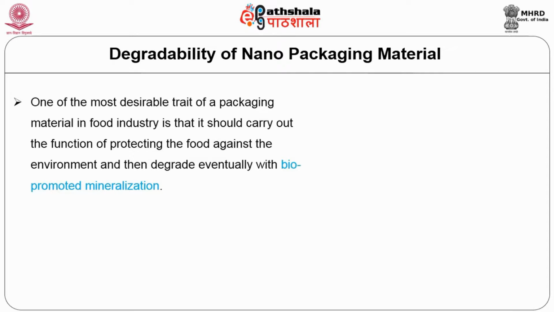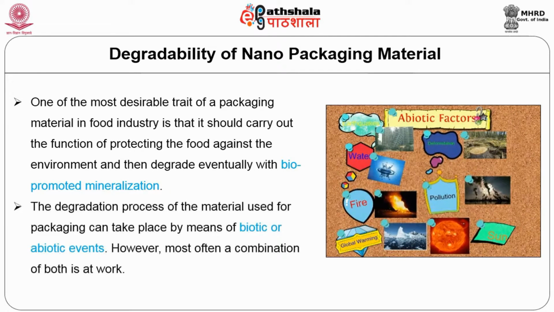One of the most desirable traits of a packaging material in the food industry is that it should carry out the function of protecting the food against the environment and then degrade eventually with biopromoter mineralization. The degradation process of the material used for packaging can take place by means of biotic or abiotic events. However, most often a combination of both is at work.